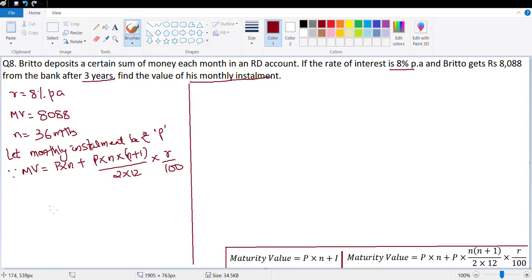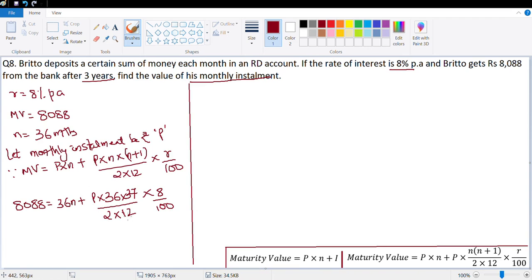Let's substitute values. So this is 8088 is equal to P. We do not know P, that 36P plus P into 36 into 37 multiplied with R, in this case 8 upon 100 upon 2 into 12.